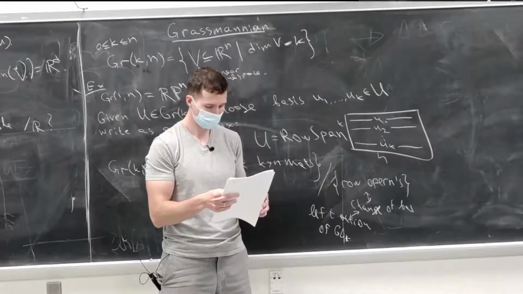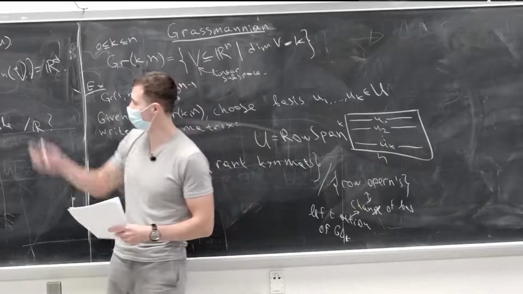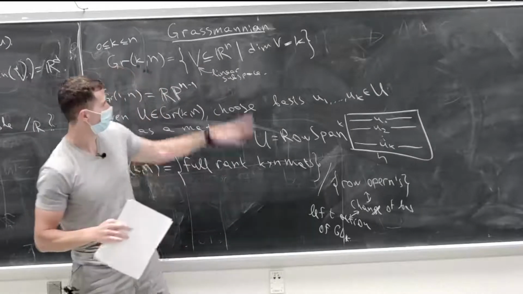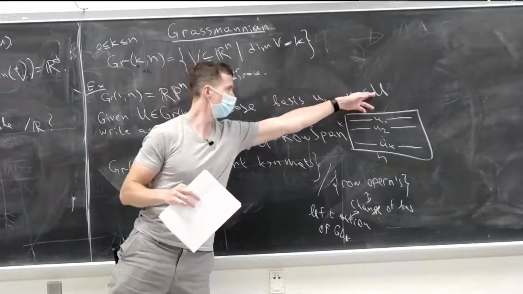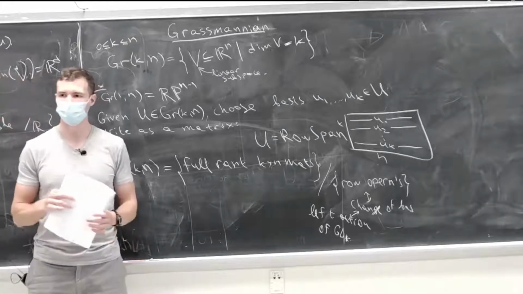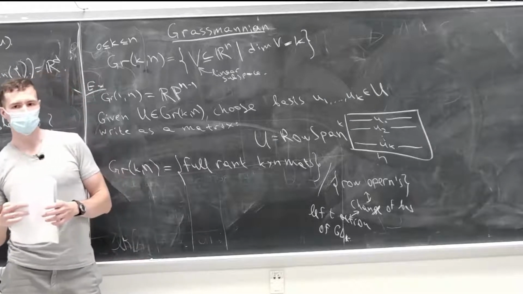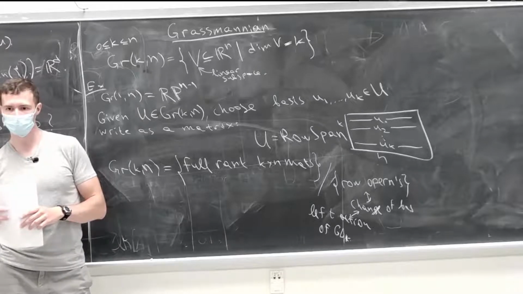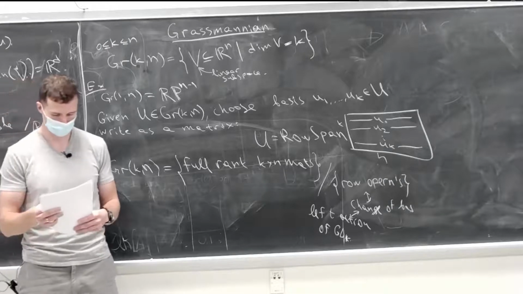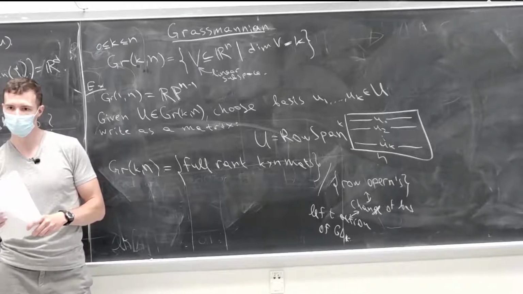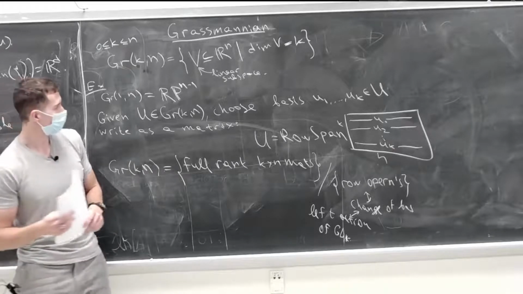Now, how do I relate this to matroids? Let's say I give you a subspace U. How do I associate a matroid to U?